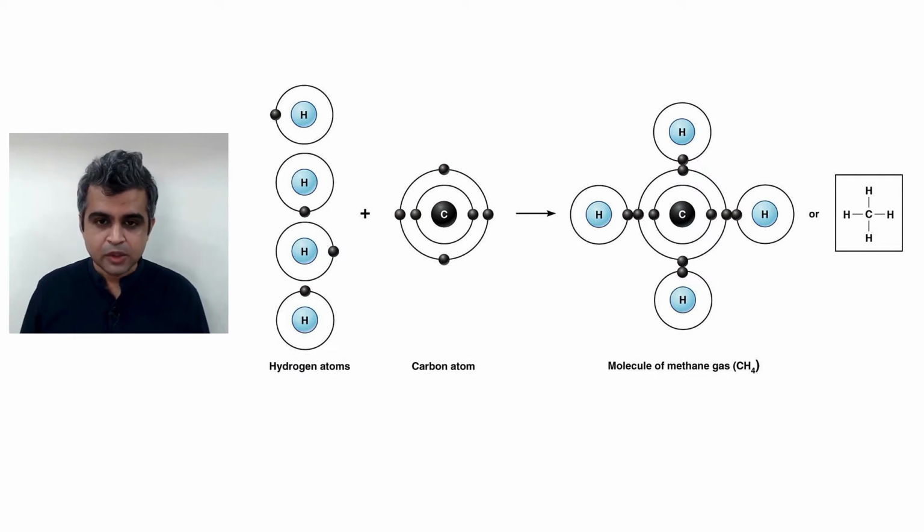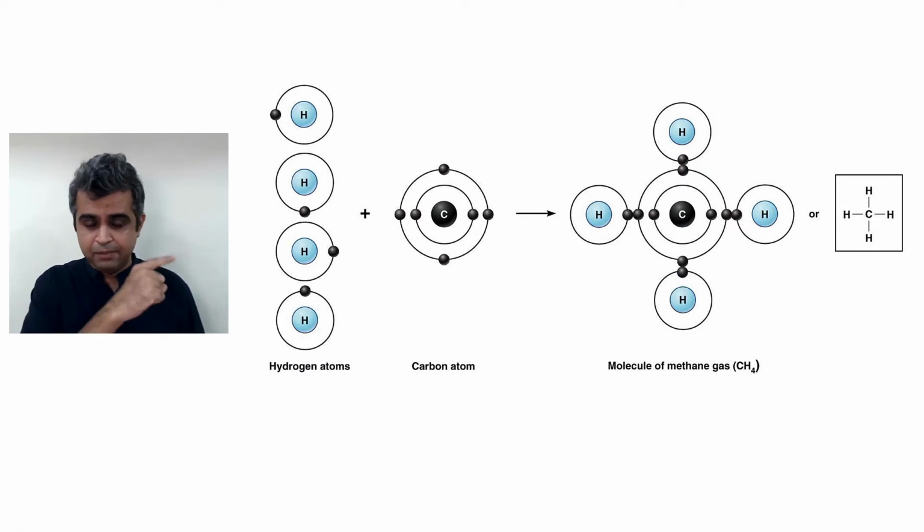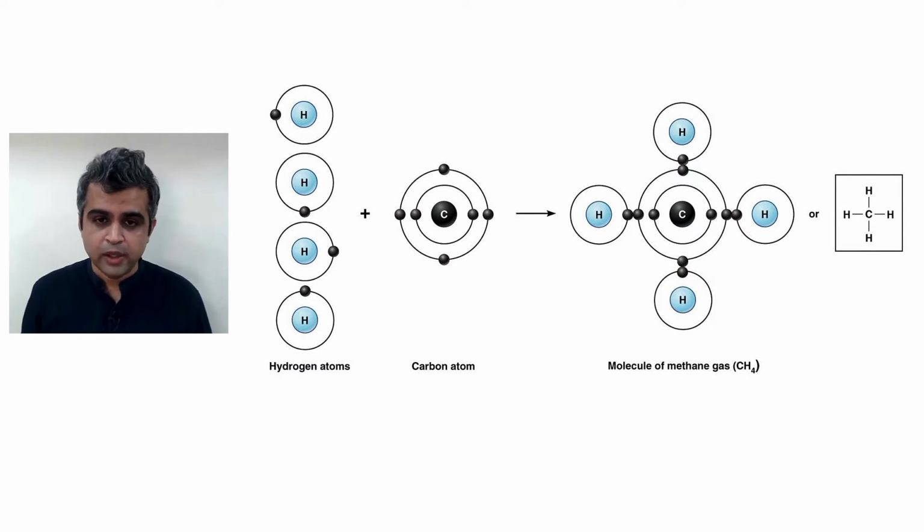Now the interesting thing to know here is that in the case of methane, in this molecule, you will notice that electrons on this side are 3 in number, whereas electrons here are also 3 in number. So on opposite sides the number of electrons is the same. The distribution is even. If you see here, you have 2 electrons, and here also you have 2 electrons. So remember that in this case, where the electrons are being shared, in the example of methane, this kind of covalent bonding has equal distribution of electrons, or I can say even distribution of electrons.